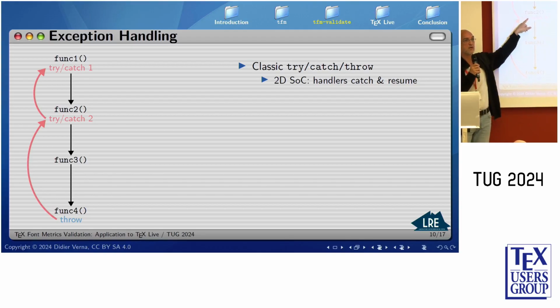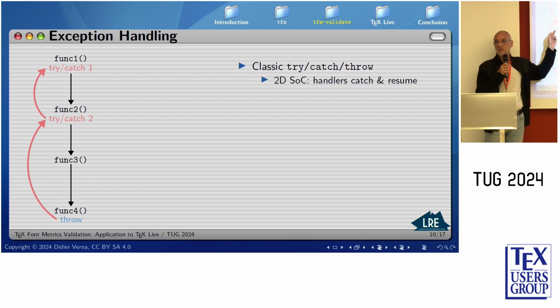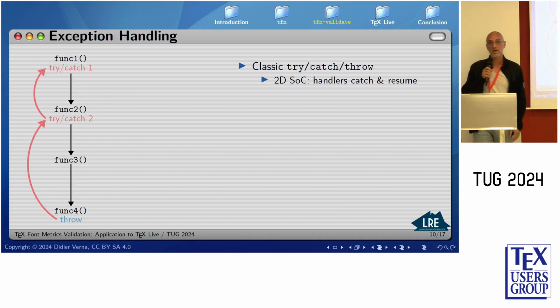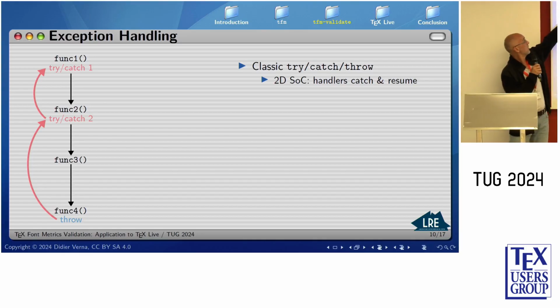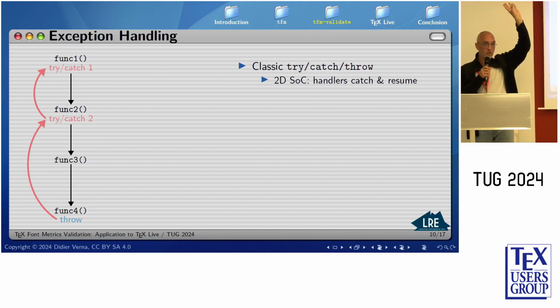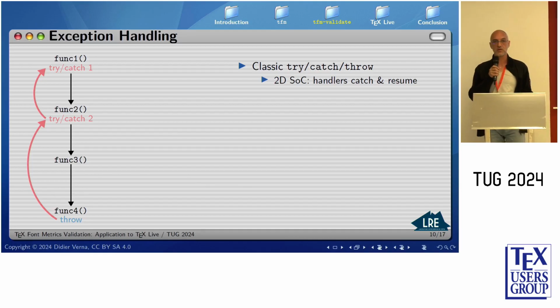If the handler here is not concerned with the exception, or if it declines to handle it, it can continue its voyage up the stack until it reaches another one, and finally the try-catch statement at the upper degree will have the ability to catch the exception and resume computation from here.